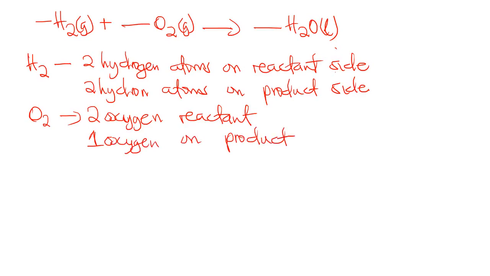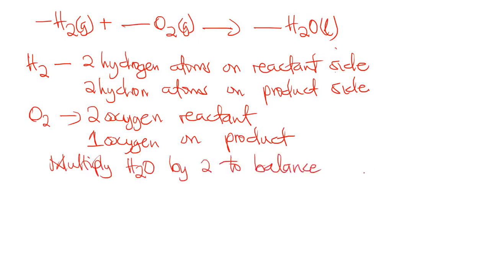So the oxygens are not balanced. So for me to balance the oxygen, I'll multiply H2O by 2 to balance oxygen.